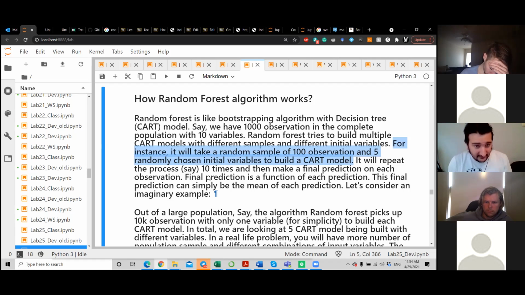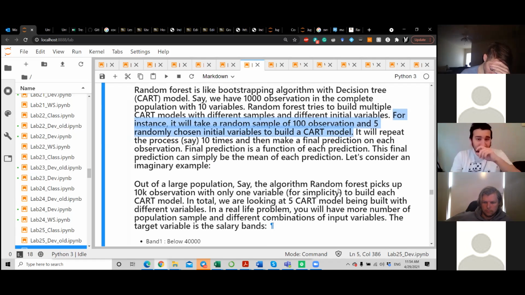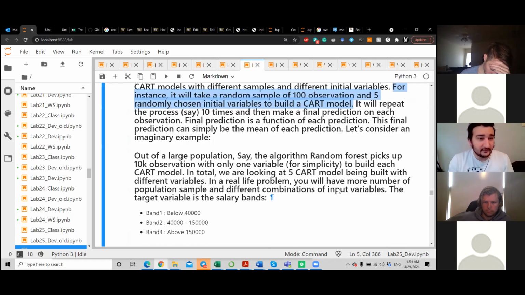It will repeat the process, say 10 times, and then make a final prediction for each observation. Final prediction is a function of each prediction. This final prediction can simply be the mean of each prediction. Now, let's work on a rather simplified example.